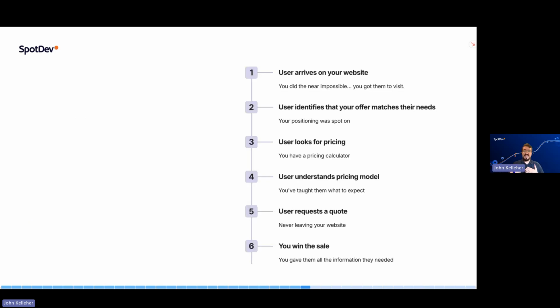Whereas if your pricing is on your website, then that journey is identical right up until stage 3, where they find that pricing. They then understand your pricing model. They request a formal quote from you. So they've done the research. They know roughly what your pricing is. They request a formal quote, or they go through your checkout process.